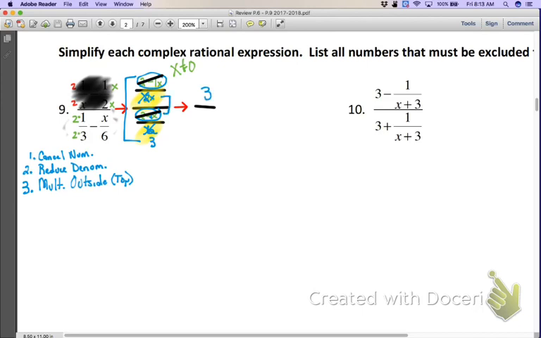Multiply the inside, which is x and 1, so it's going to be x. And x still cannot be equal to 0. We multiplied the inside, and that was the bottom.